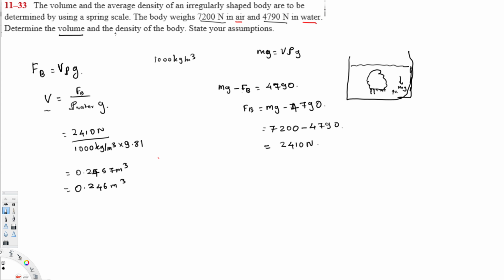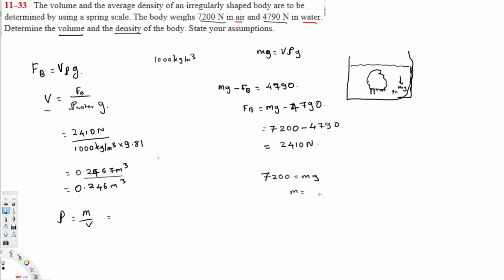Then they are asking to find the density. We can find the density using this formula. Rho, the density, is equal to mass over volume. We know the volume already, that's right here. And we are going to calculate the mass. We can use this one to calculate, because 7200 is equal to mg.